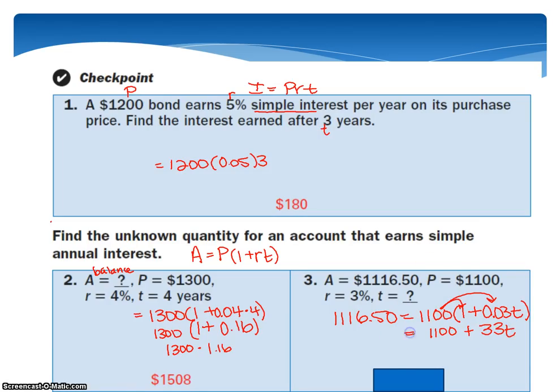This is a two-step problem, so I'm going to subtract the constant. You get 16.50 equals 33T, divide by 33. That's the coefficient. I end up with 0.5, which is 50%.